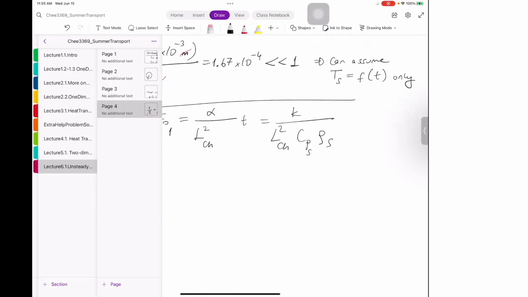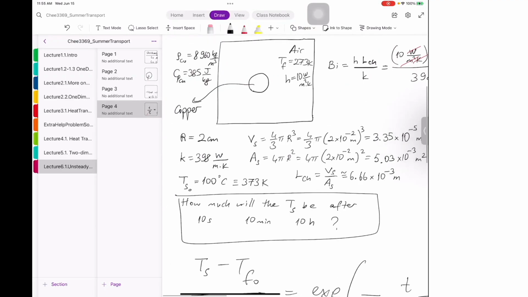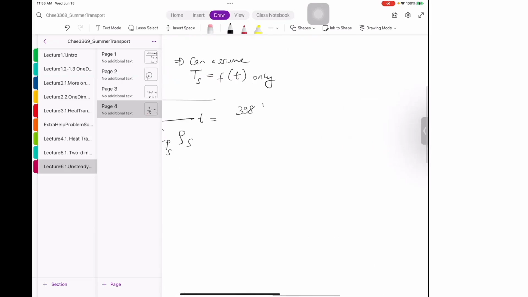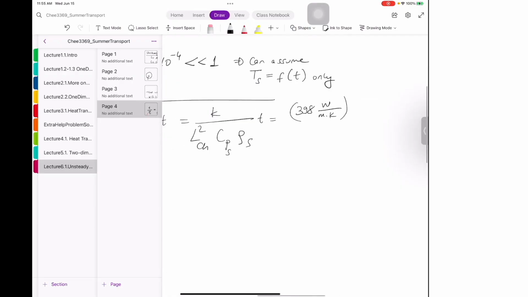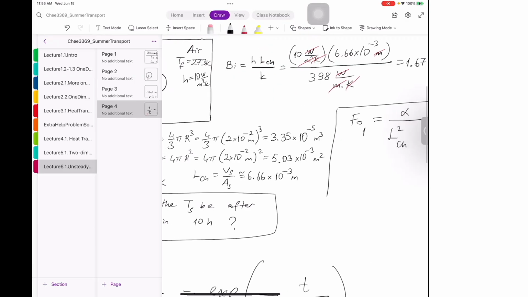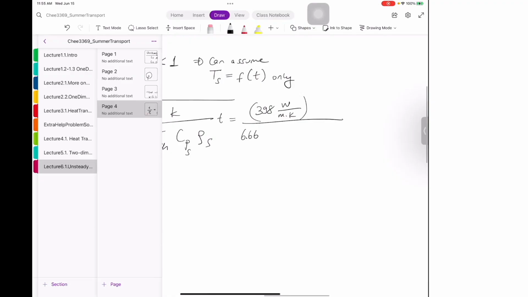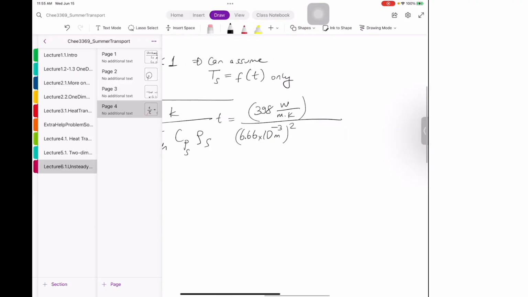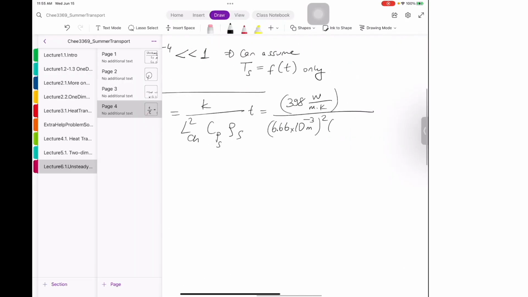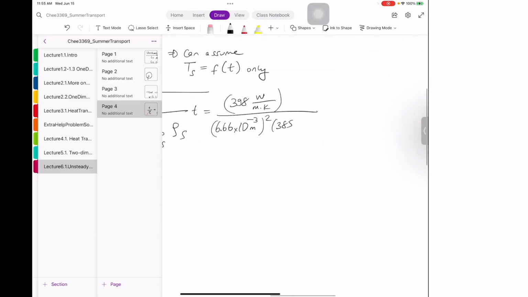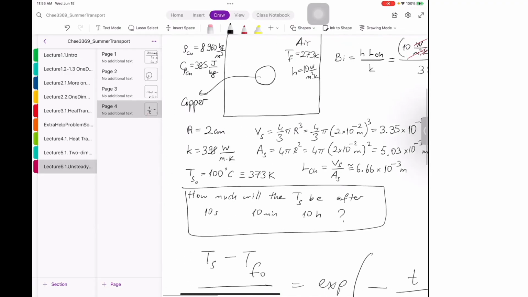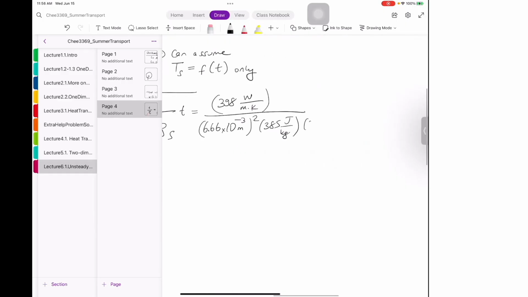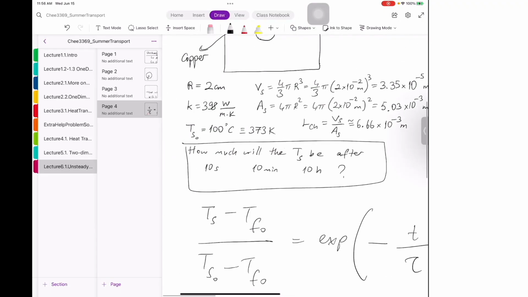So times time: k is 398 watts per meter Kelvin, divided by the L characteristic, 6.66 times 10 to minus 3 meters, squared. Cp is 385 joules per kilogram Kelvin, and rho is 8,960. And the time t1 is 10 seconds.